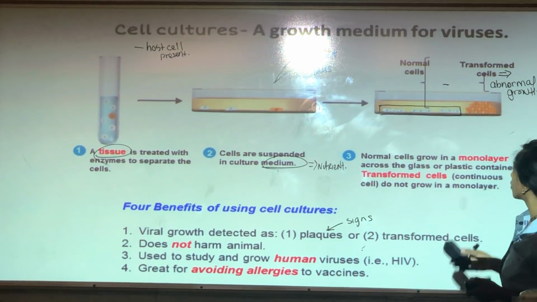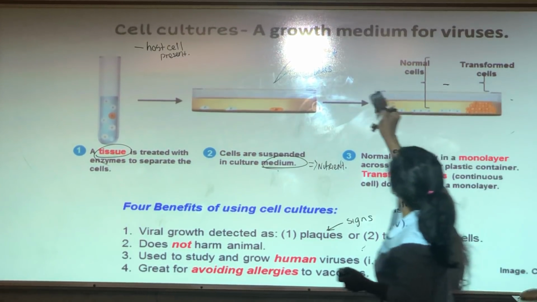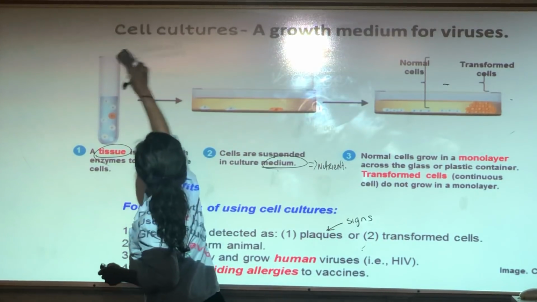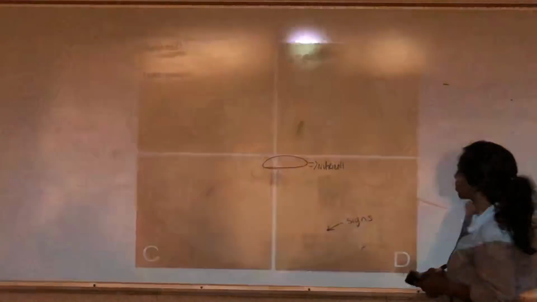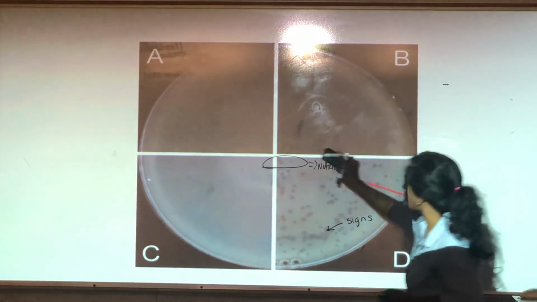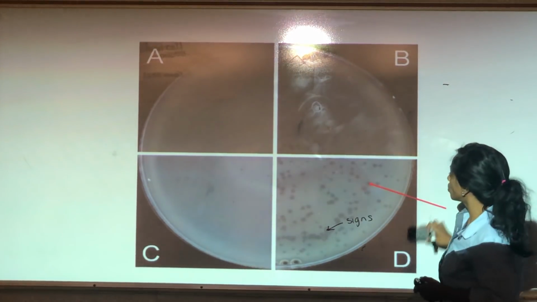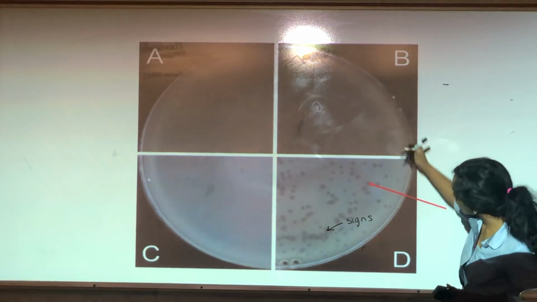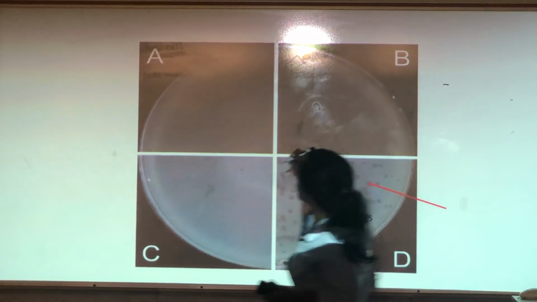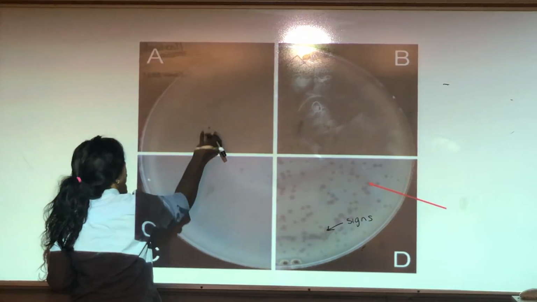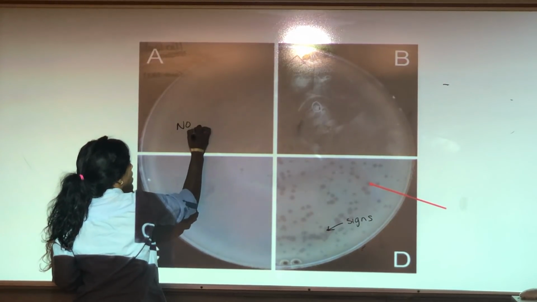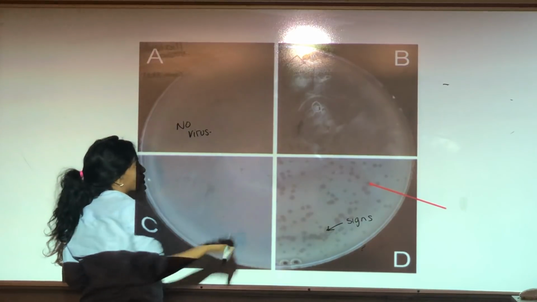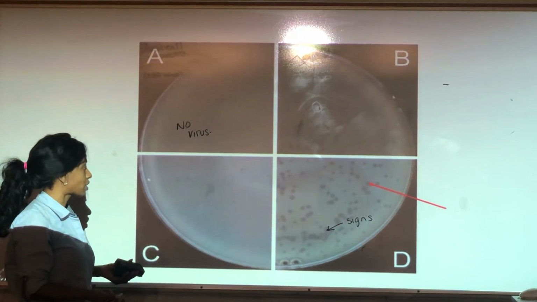So the way how this will look, just to give you a picture of this, I'll go to the next screen, and you guys do not have this picture. But what the plaques look like, if you could see it here, is that, so if we didn't have any virus, we would see something like this, all right? So no virus injected, or the virus didn't infect here.